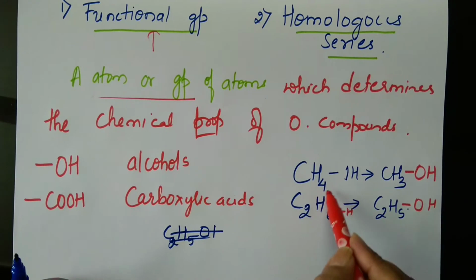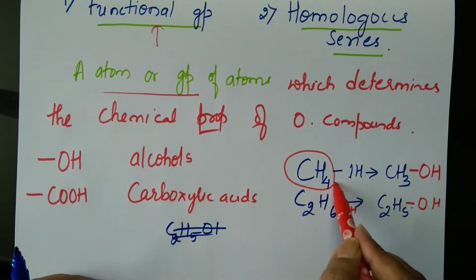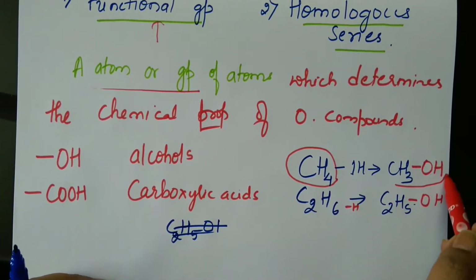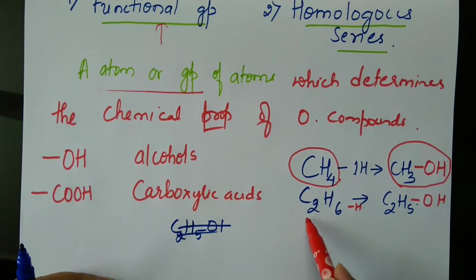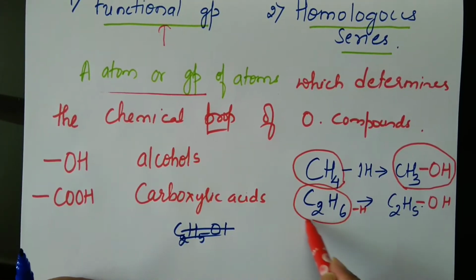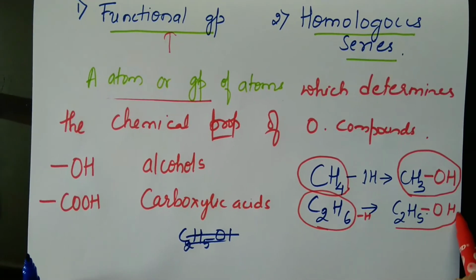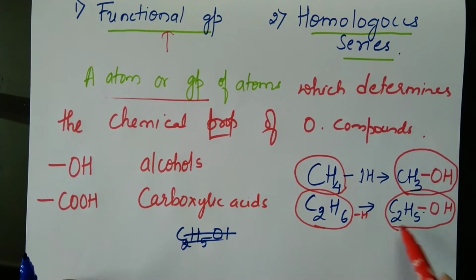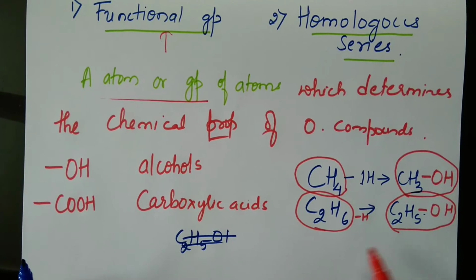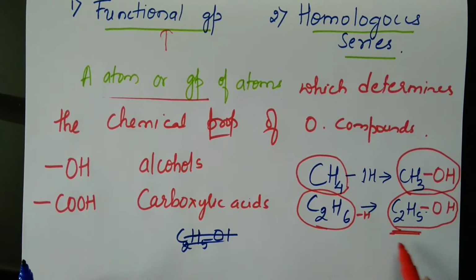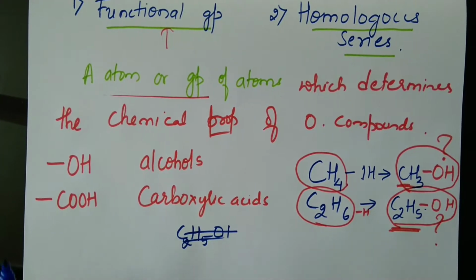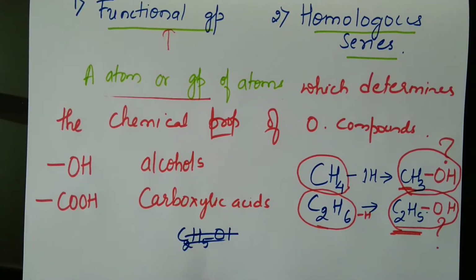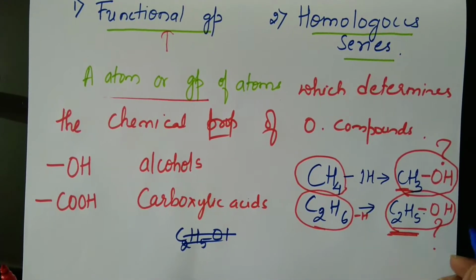Now the properties of methane are totally different from the properties of this particular molecule, methyl alcohol. The properties of ethane are totally different from that of ethyl alcohol. So it is due to what? Is it due to this C2H5 or CH3, or is it due to the OH group present here? The properties are different because of the OH group.